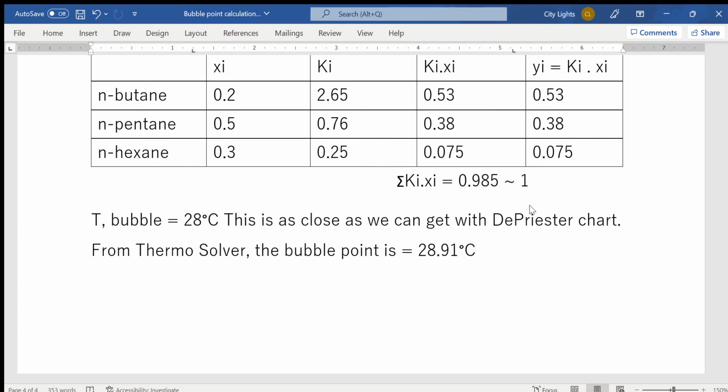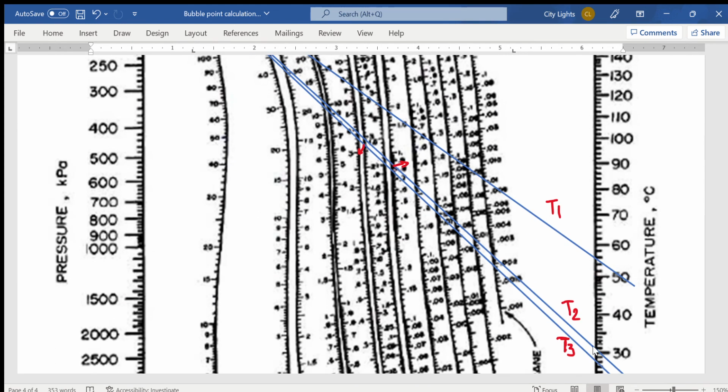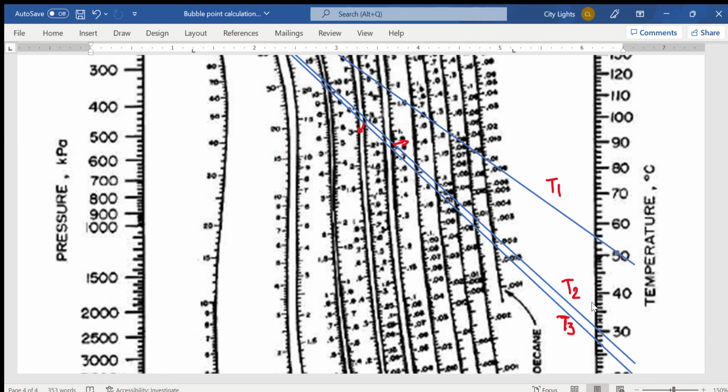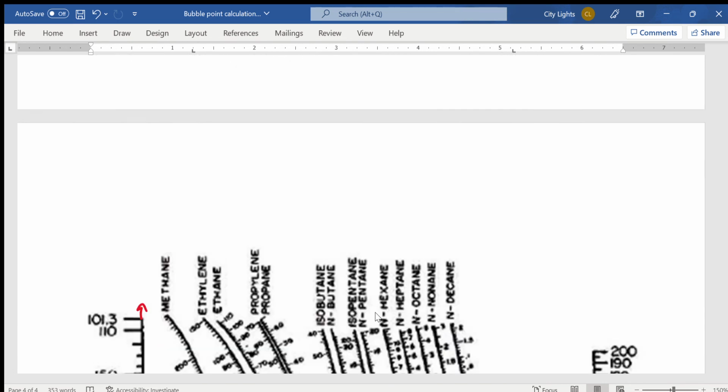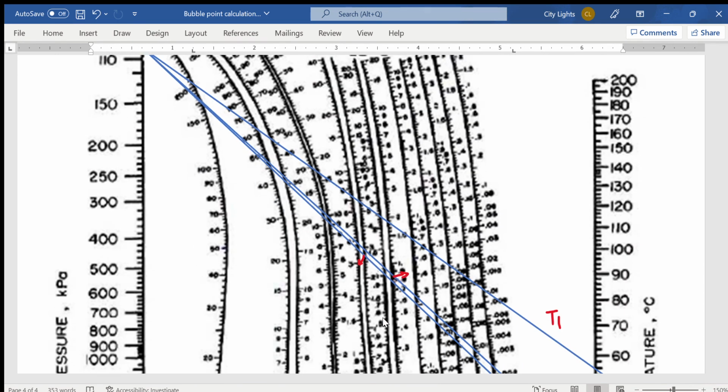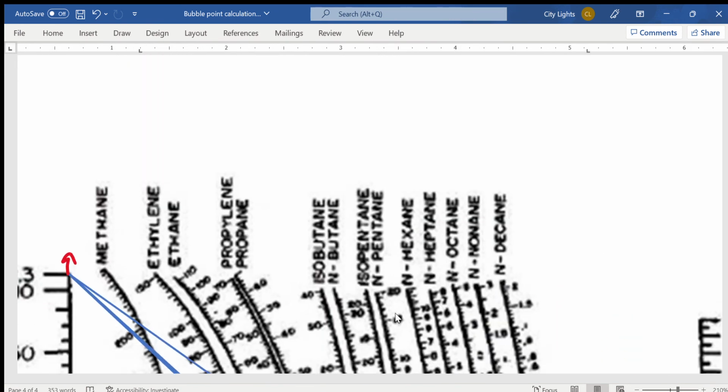So now when I extended my line, I called it T3, and this is how I calculate my bubble point as 28 degrees Celsius. This is the closest I think I can get with Priester's chart, because of the limitations of the lines. Where is N-pentane?